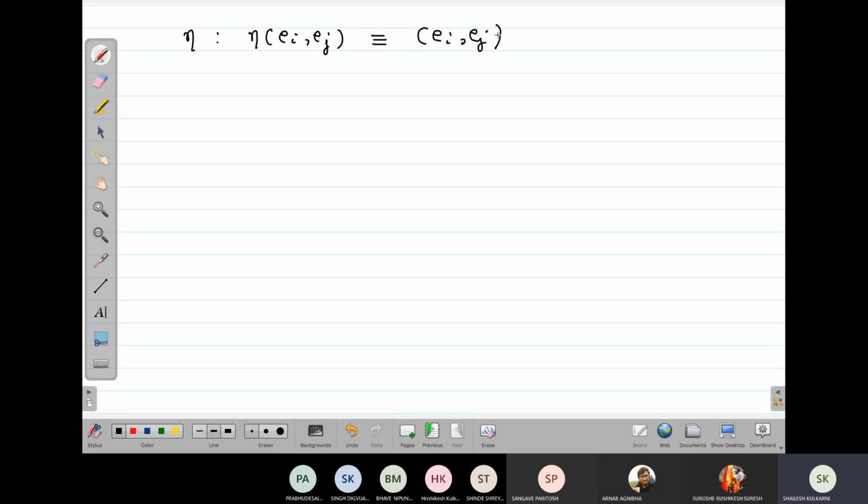That's it. This is my definition, right? Okay, then what should I do? Now I am saying that eta inverse should act on the dual basis, e upper i e upper j. This is defined to be the inner product of e upper i with e upper j.